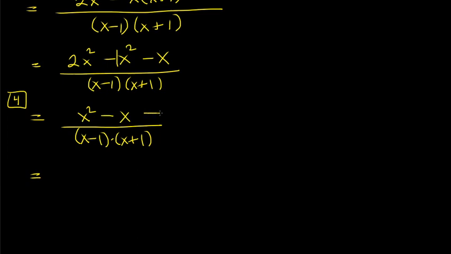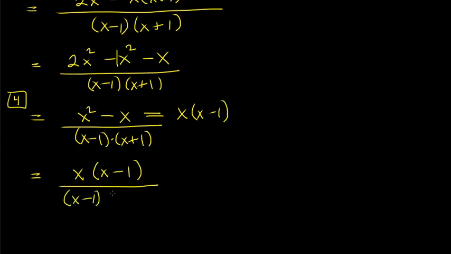And I hope that's easy enough, right? Because the GCF is x, so just factor out an x, and you get x minus 1. So the numerator is x times x minus 1. The denominator is x minus 1 times x plus 1. Now that we're completely factored, we just cancel the common factors, in this case, x minus 1.